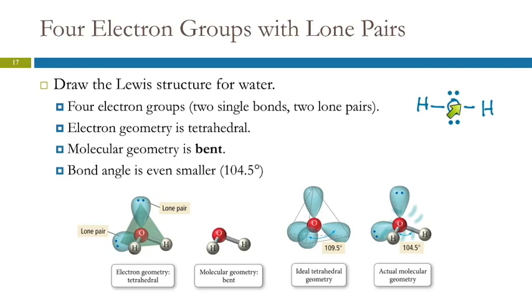But when we look at the Lewis structure, we see that there are 4 electron groups. 4 electron groups make a tetrahedron, right? So the electron geometry is a tetrahedron. We would predict 109.5 degree angles. To find the molecular geometry, we imagine that these lone pairs are invisible. I can make them invisible.